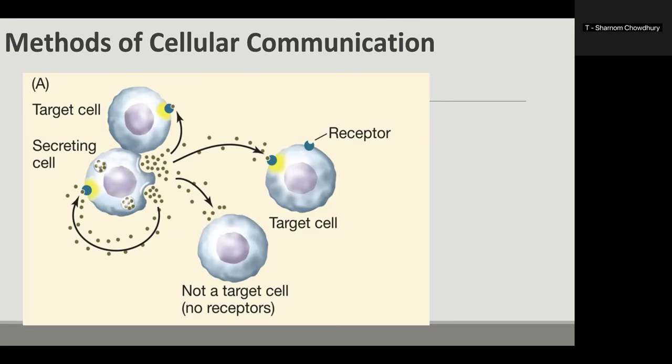Juxtacrine, adjacent cells. Paracrine signaling is when you affect neighboring cells. The signal from this secreting cell binds to this receptor molecule here. Because it's nearby, it is known as paracrine. And this target cell does not have any receptors, so it's not going to respond and not going to bind to the signal.